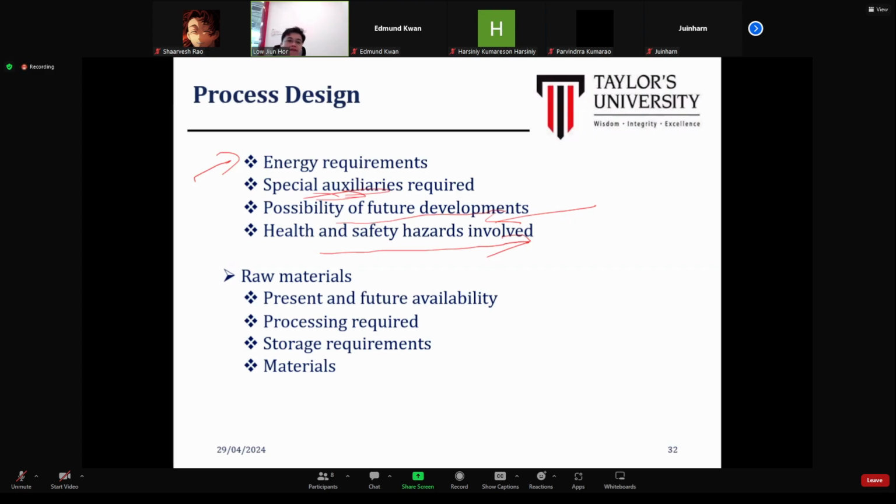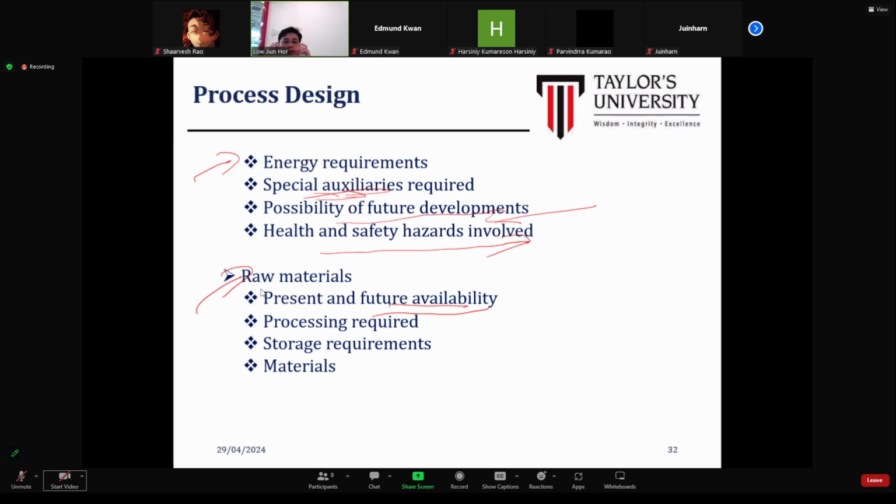And of course, you need to consider the material that you are going to use in the technology and also the process you are going to use. So please make sure the supply of the raw material is sustainable.